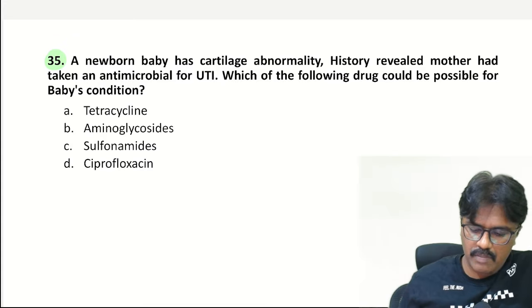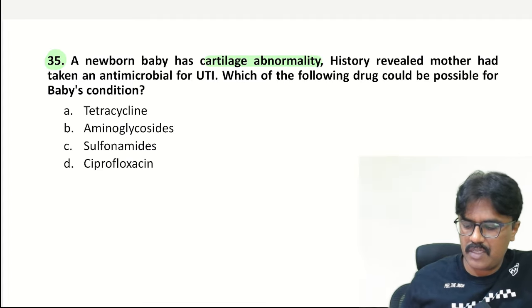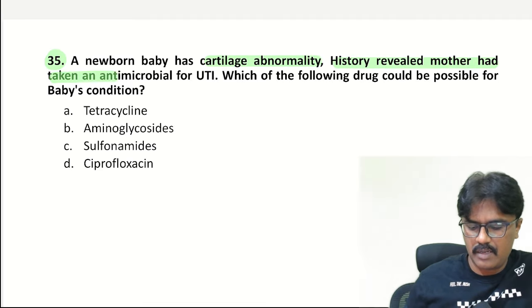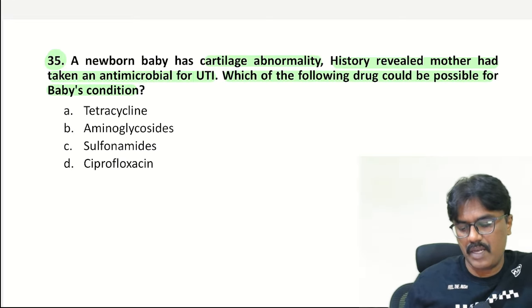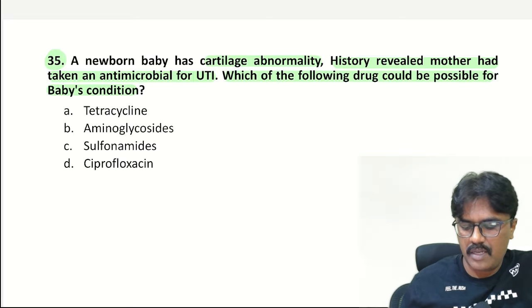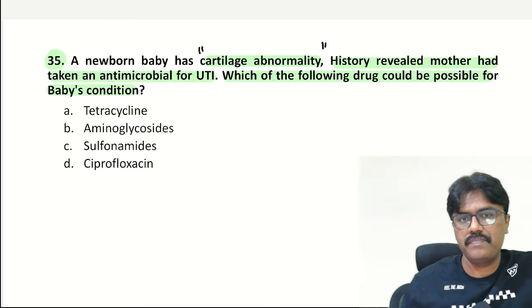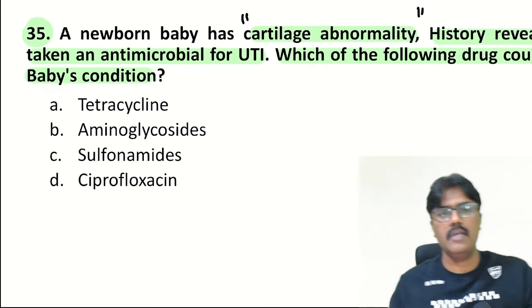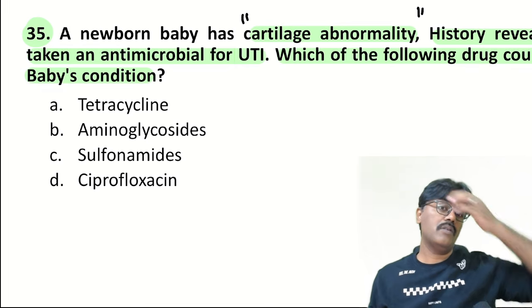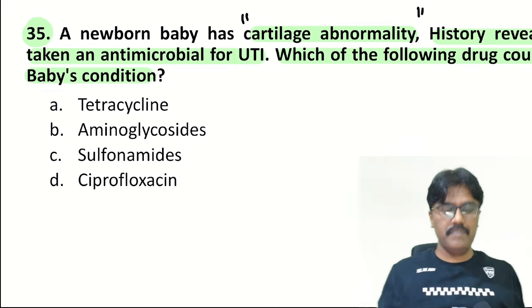If a newborn baby has cartilage abnormality, history revealed mother had taken an antimicrobial for UTI. Which of the following drugs could be responsible for the baby's condition? So they are asking which antibiotic has caused cartilage damage. Now remember, all these options A, B, C, D are going to cause problems in the baby.